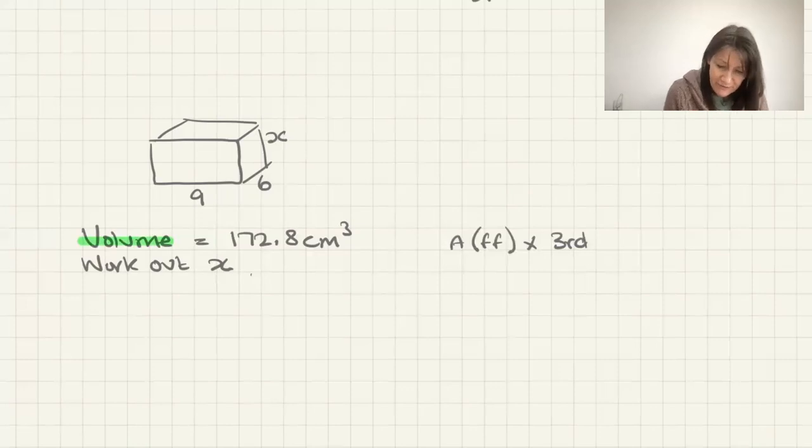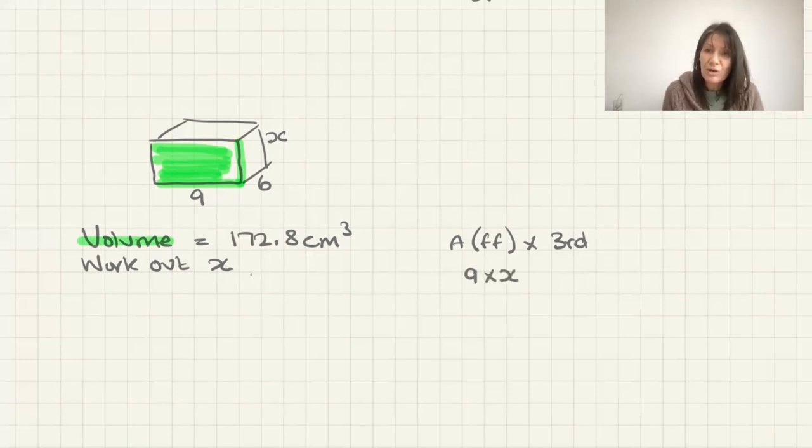The area of the front face, okay, is here. So that is 9 times the edge that's labeled X. So I've got 9 times X. I can't do any more than write that down. I don't know what X is, but it is part of my working out. So I'm just going to put it in where it lives and see what happens.